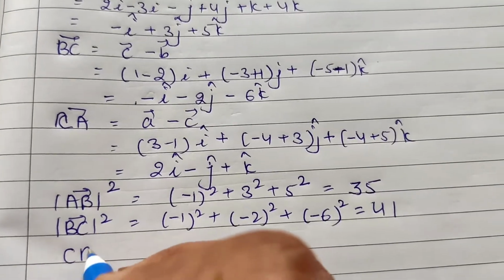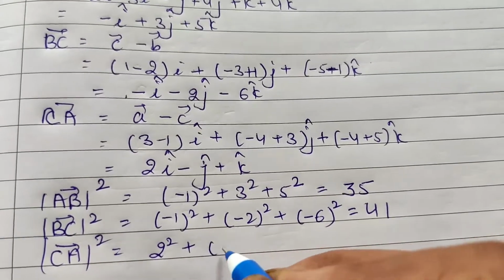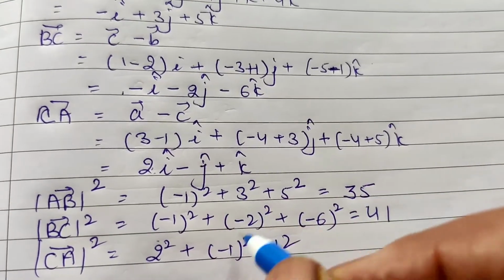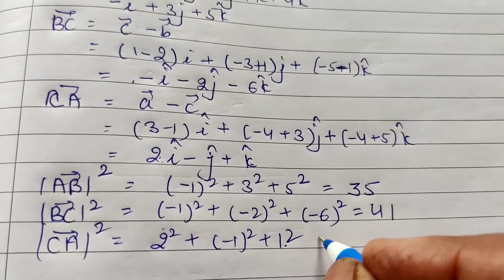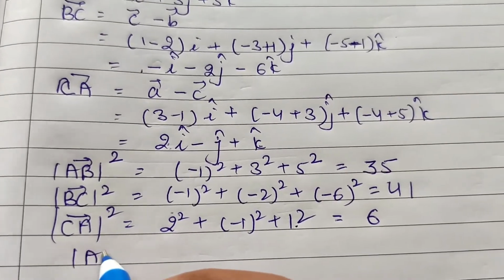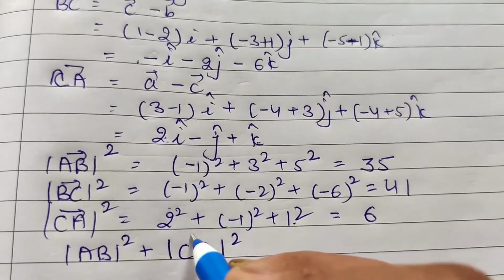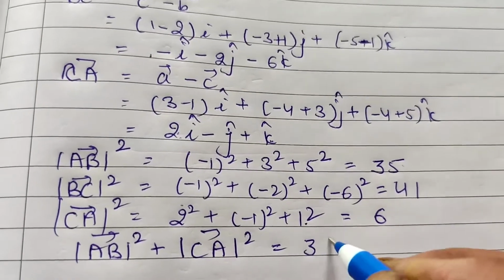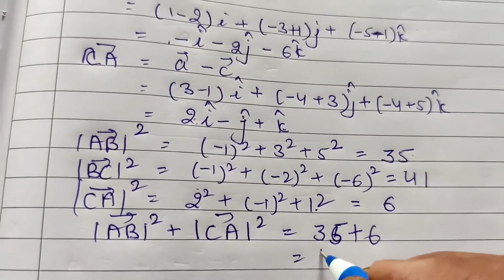Next, CA square: 2 square plus minus 1 square plus 1 square, which is equal to 6. So AB square plus CA square is 35 plus 6, equal to 41.